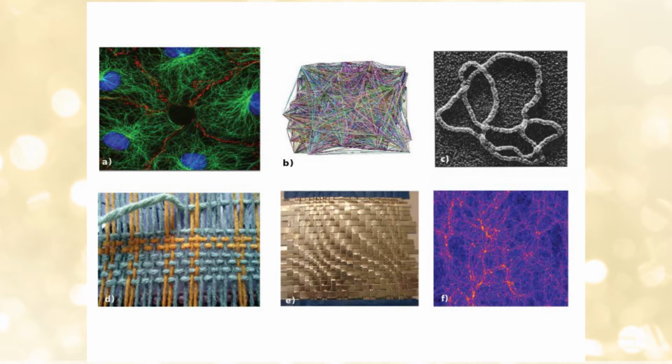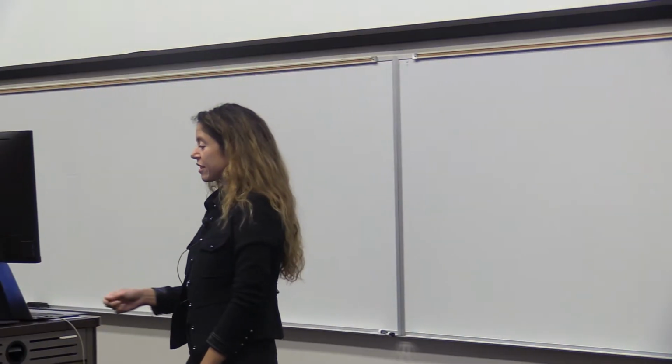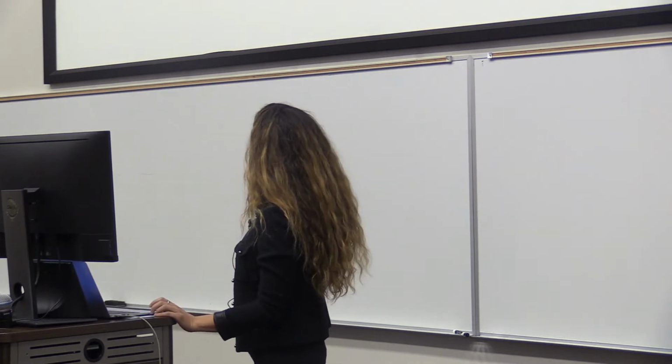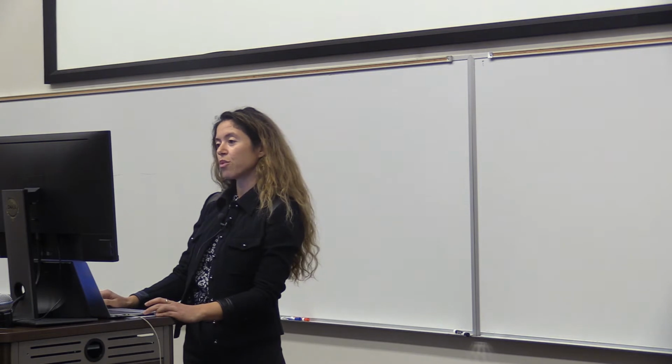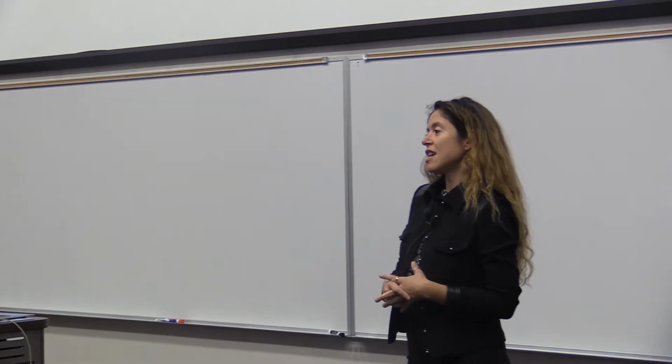This is a simulation of dark matter filaments. There too you have filaments that can be entangled, and that fact can lead to interesting properties. I will talk mostly about entanglement of many macromolecules. More precisely, I will talk about my work on entanglement in polymers.